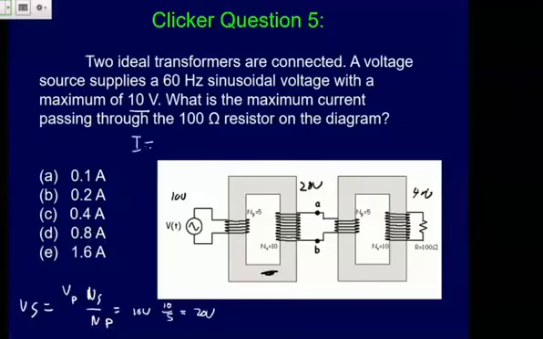We go back to Ohm's law, V divided by R: 40 volts divided by the 100 ohm resistor leads us to 0.4 amps for the current. So the idea is that when you have two of these, you just work it as one: do the first one, and then use that to figure out what the second one would be.